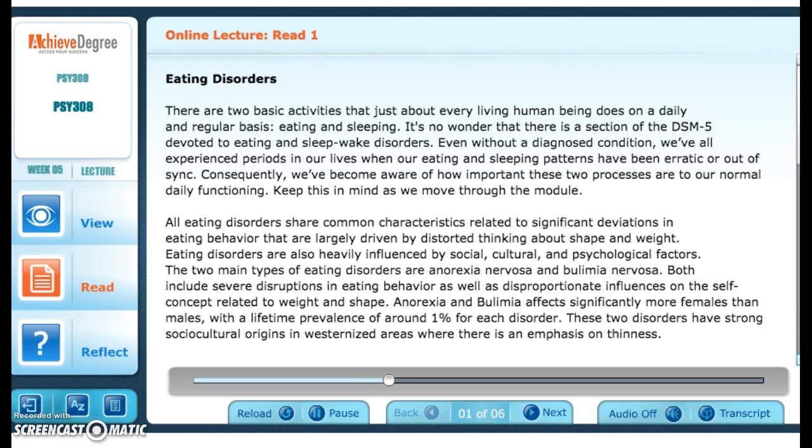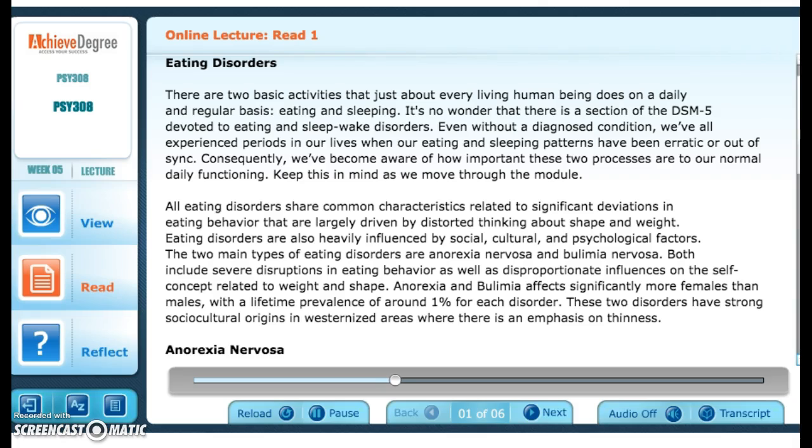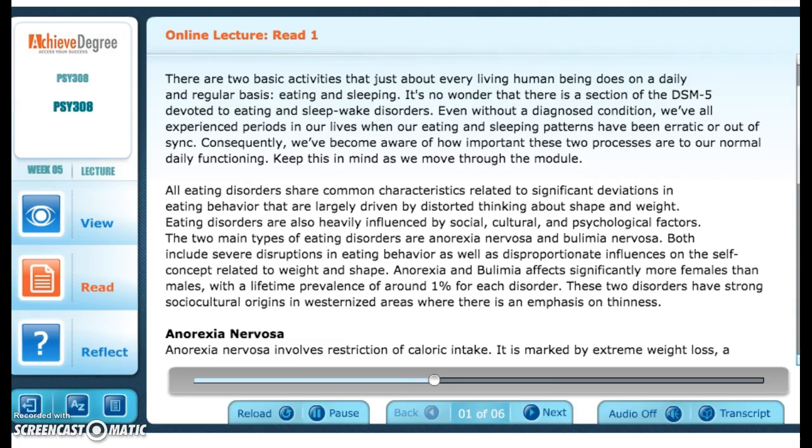Both include severe disruptions in eating behavior, as well as disproportionate influences on the self-concept related to weight and shape. Anorexia and bulimia affect significantly more females than males, with a lifetime prevalence of around 1% for each disorder. These two disorders have strong socio-cultural origins in westernized areas, where there is an emphasis on thinness.